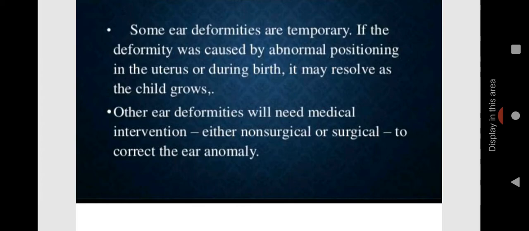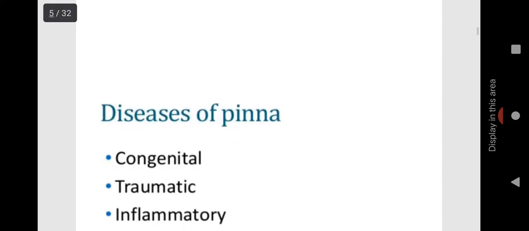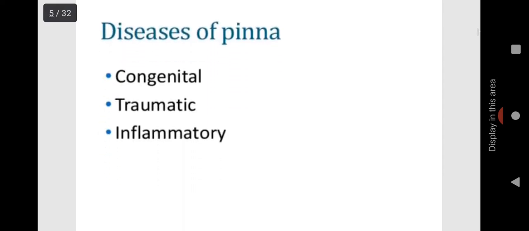Other ear deformities will need medical intervention, either non-surgical or surgical, to correct the ear anomaly. Most ear abnormalities or deformities we can correct with the help of surgical or non-surgical interventions.